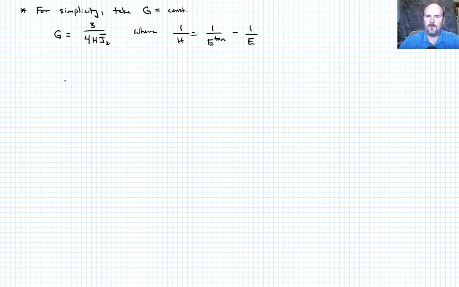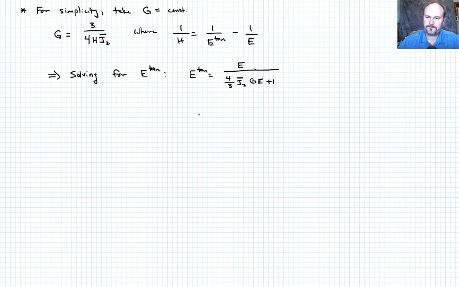I'm not going to go through all the algebra, that's pretty basic stuff now. So let's just say solving for the E tan, what we find is that E tan is equal to E divided by 4/3 J2 bar times G times E plus 1.